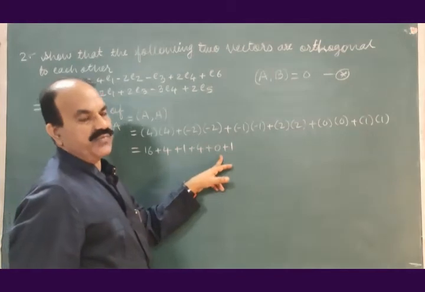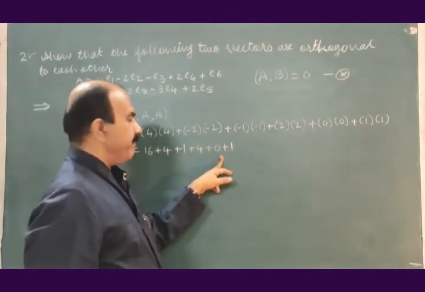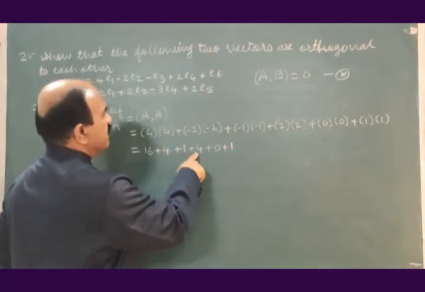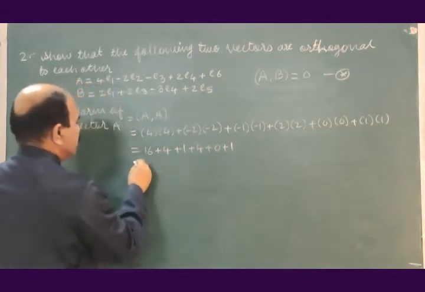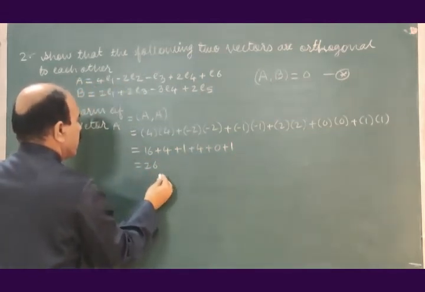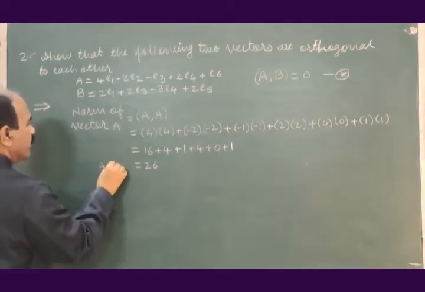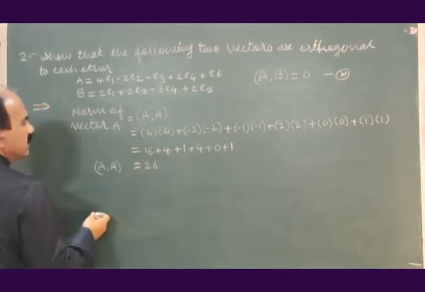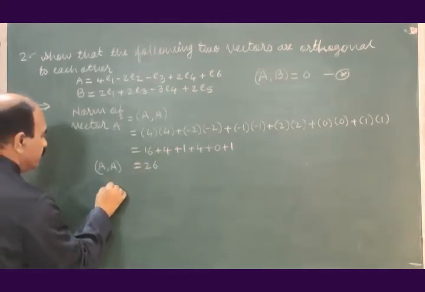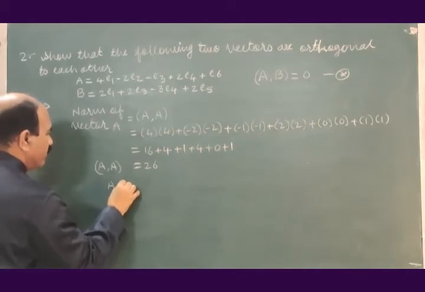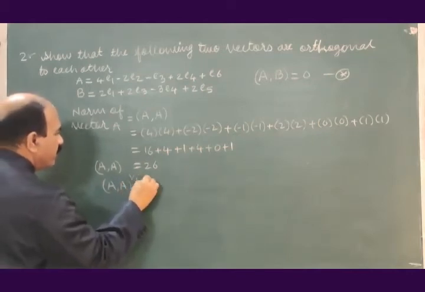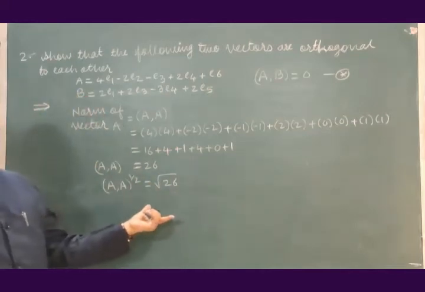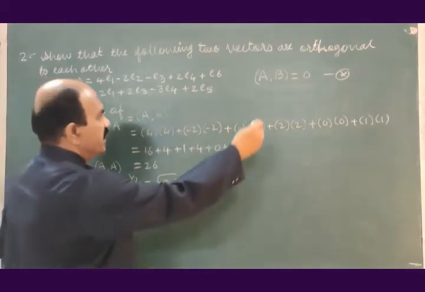Just ignore this 0 because it is not going to affect the sum. 16 plus 4 is 20, 21, 25, 26. And so we got norm of A is square root of 26. Let us write it here.